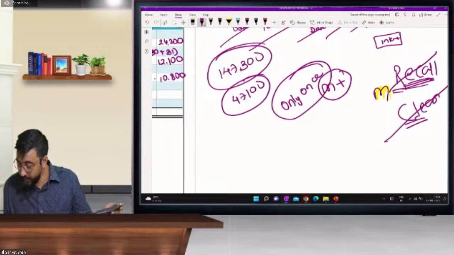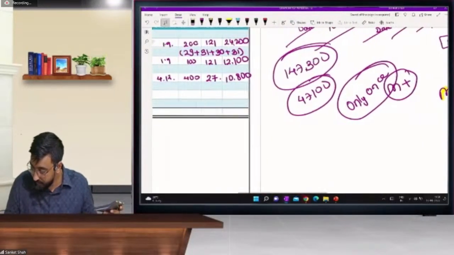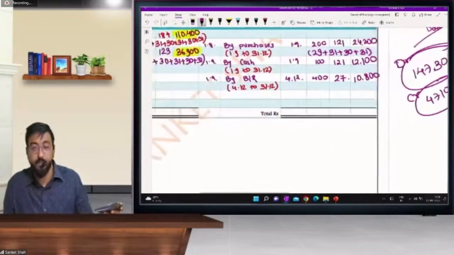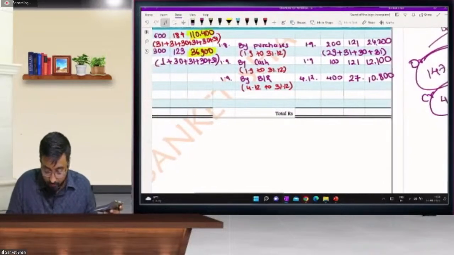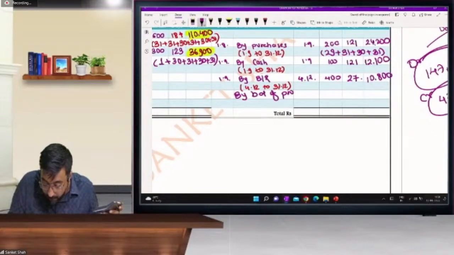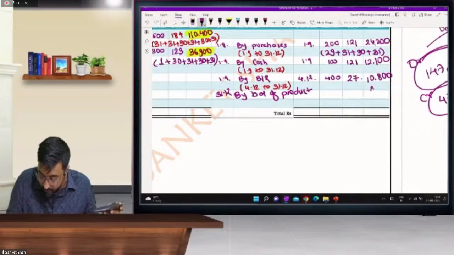So beta, the debit side is greater than the credit side. So now I will write on number 1, balance of product. What am I going to write on 31st December?